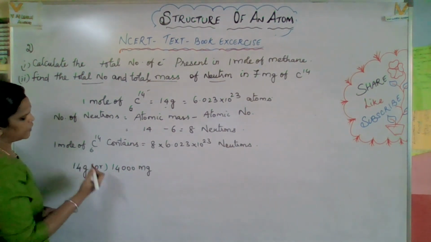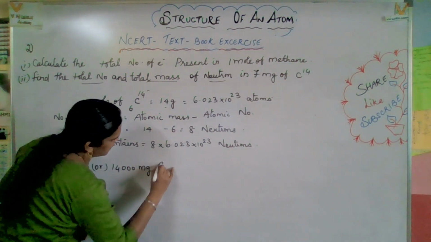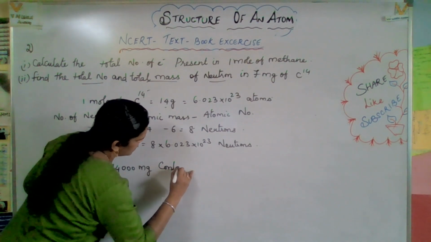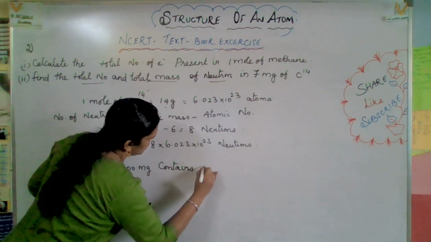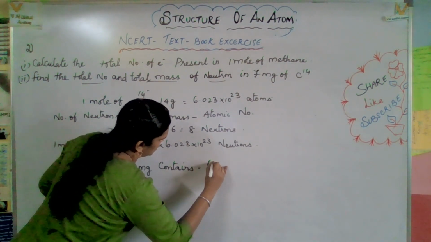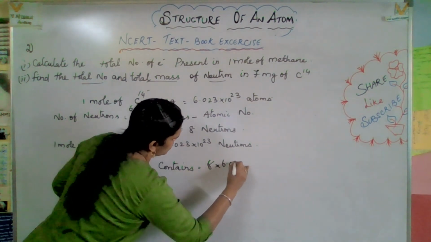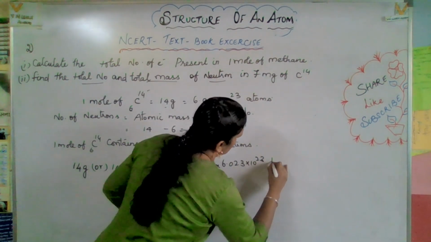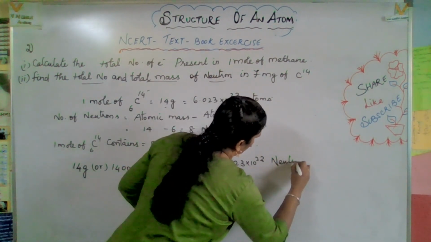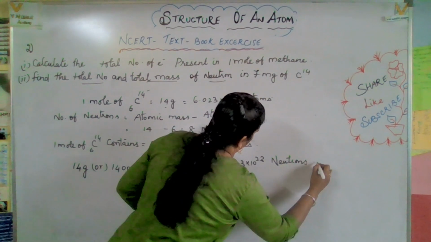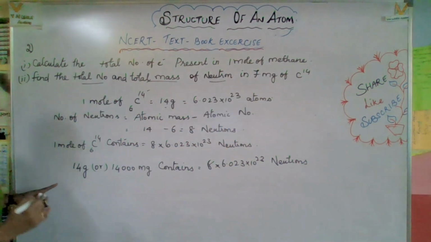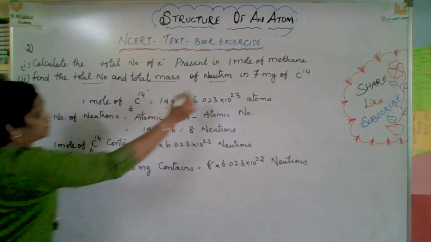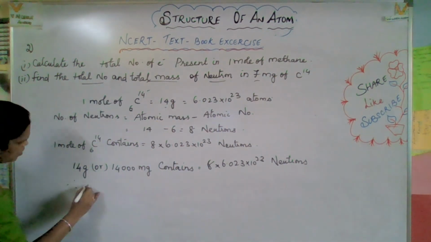So 14 gram or 14,000 milligram contains 8 into 6.023 into 10 to the power of 23 neutrons available.